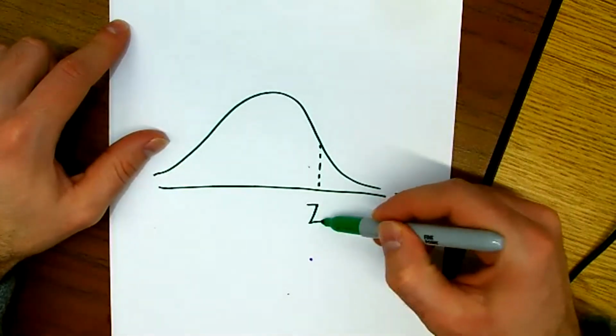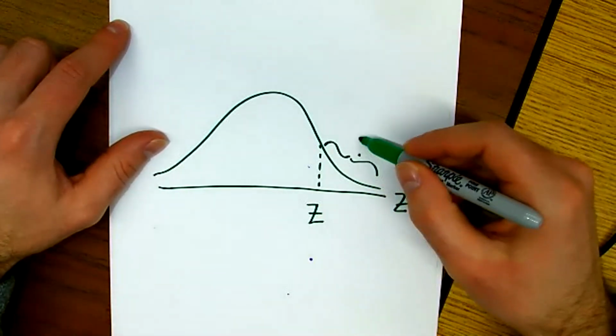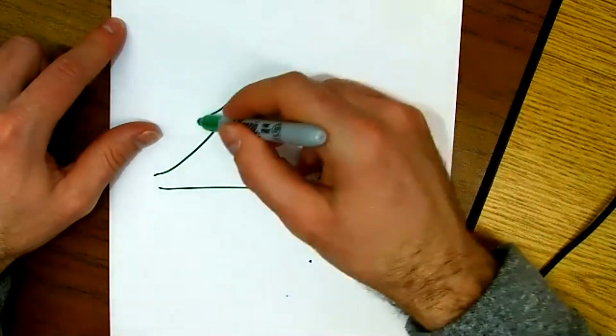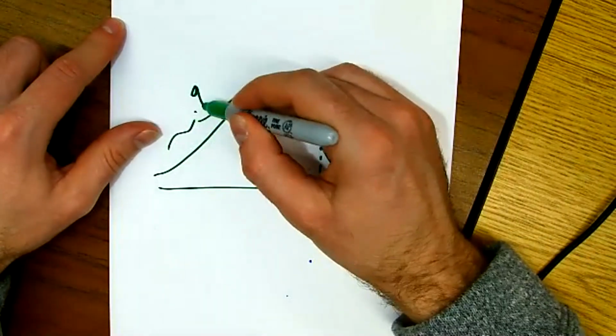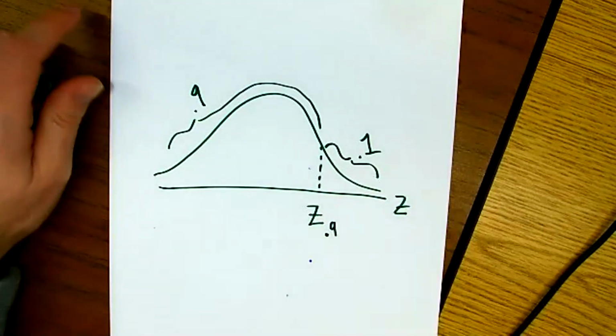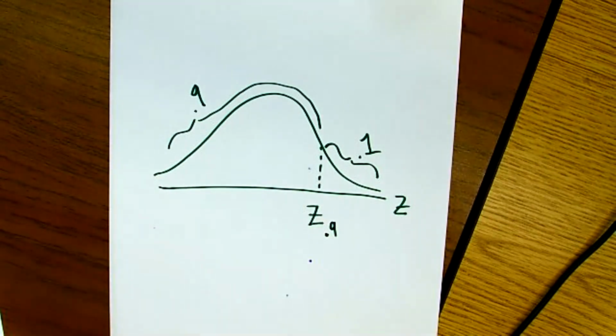I want the z-score that was the cutoff for the top 10%, which means it was also the cutoff for the bottom 90%. So I want the z-score associated with a cumulative density of 0.9, or the area to the left of it is 0.9.